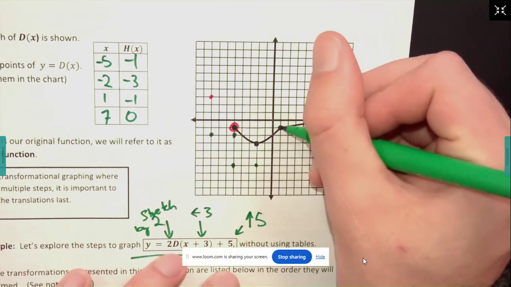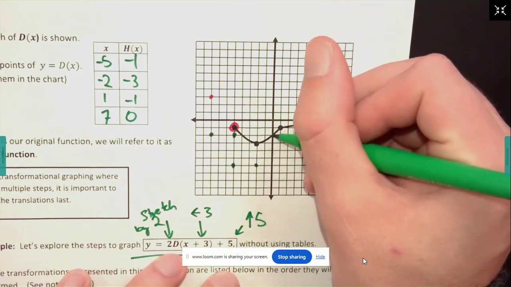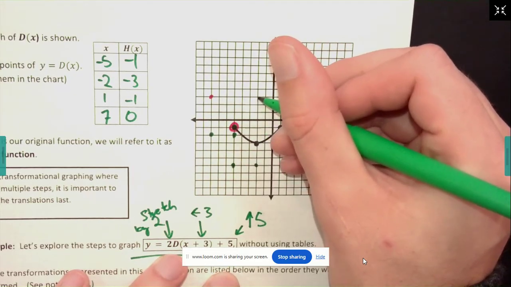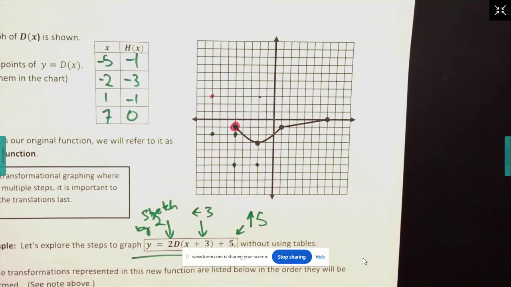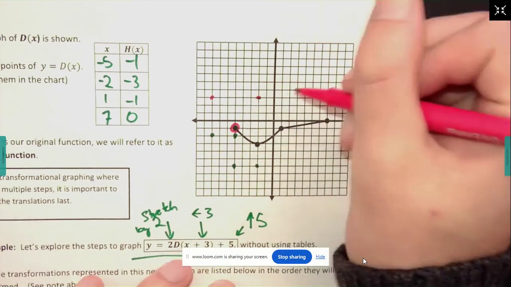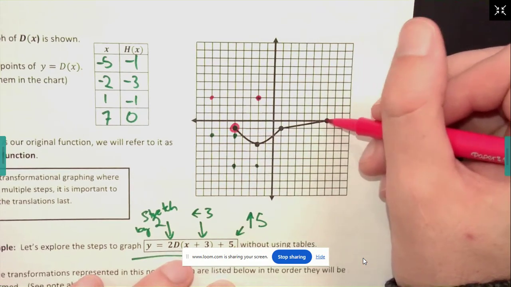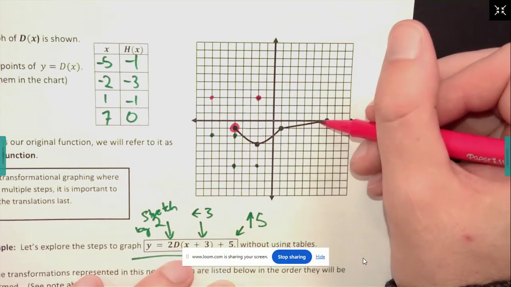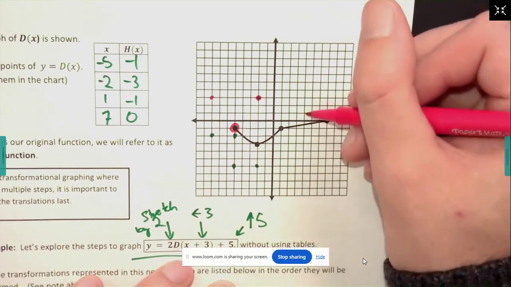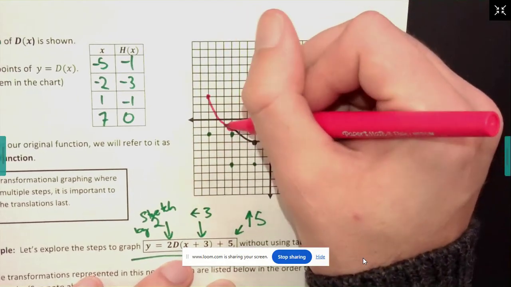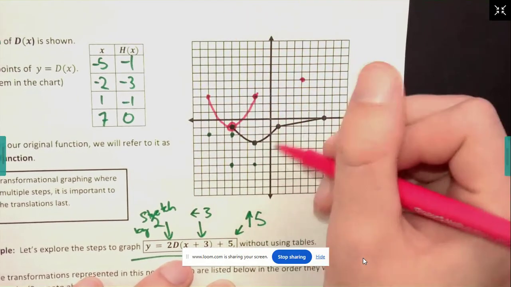Negative 1, double it up. I'm at negative 2. Left 3, up 5. Let me use my red. All right, since this is a y value of 0, stretching it by 2 doesn't do anything. Right, 0 times 2 is still 0. So I'll move left 1, 2, 3, and up 1, 2, 3, 4, 5. All right, so it's a curve down here, so there's still a curve here.